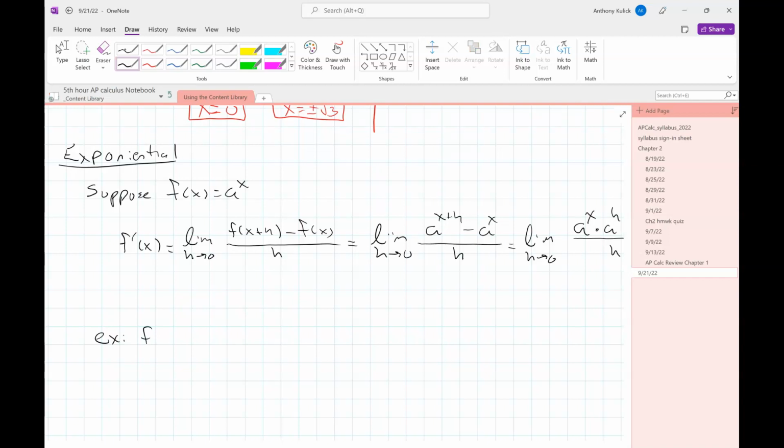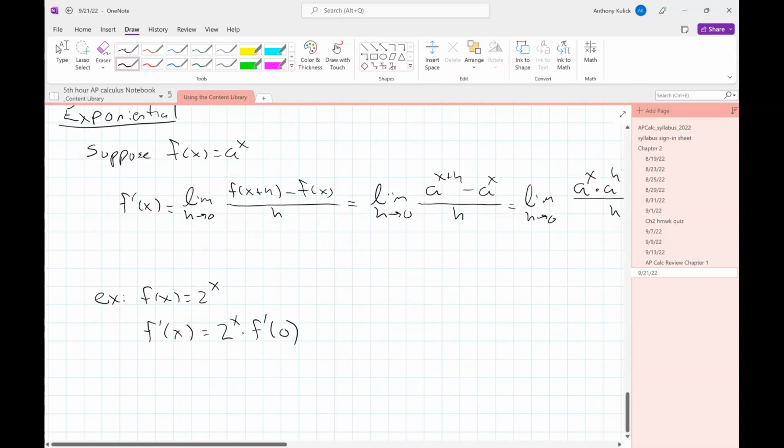So let's say that f of x is equal to 2^x. Using what we just developed, this is going to be 2^x times f prime of 0, right? Everybody's cool with that?